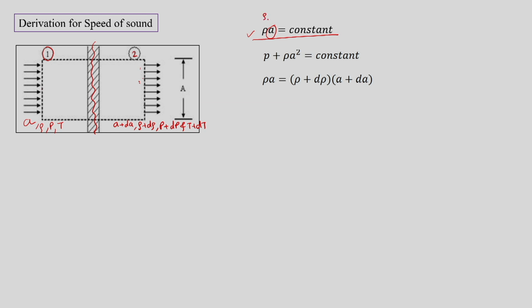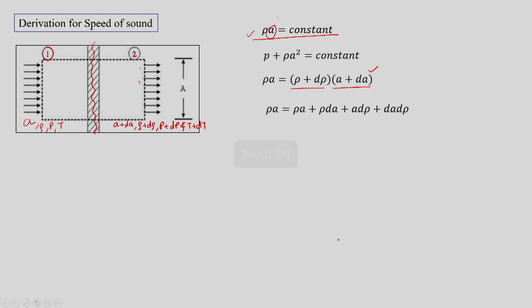Practically we mean here that rho A at the inlet is equal to rho A at the outlet, but rho A at the outlet is rho plus d rho and A plus dA. So the same mass conservation equation, which we said is constant between inlet and outlet, is represented as rho A is equal to rho plus d rho into A plus dA.